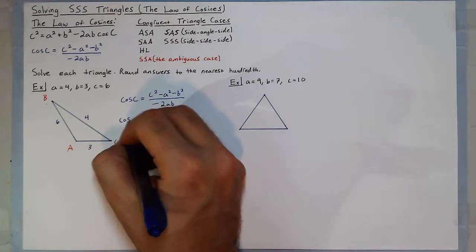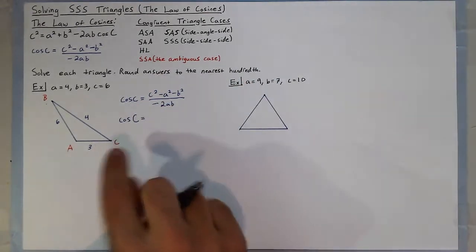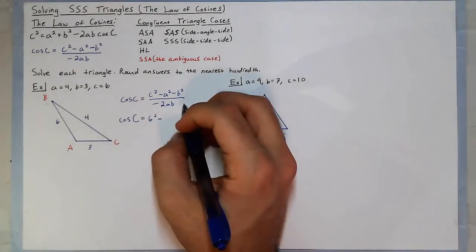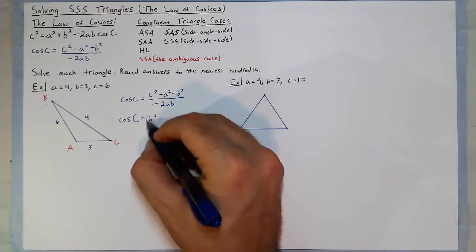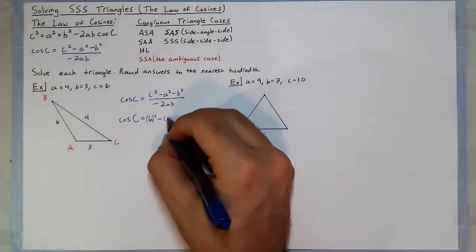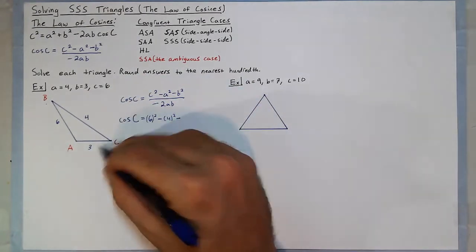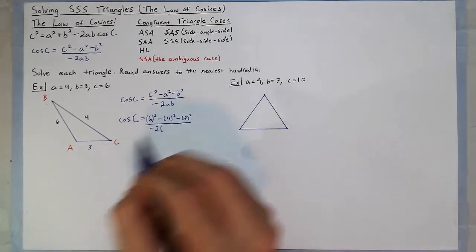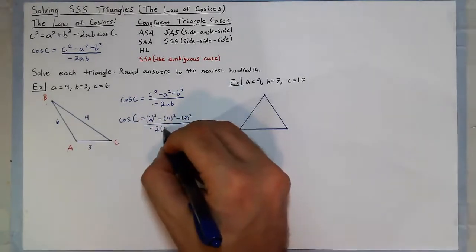So cosine of c, this angle, would be equal to c squared, which would be 6 squared, minus a squared, which is 4 squared, minus 3 squared, all over negative 2 times 4 times 3.